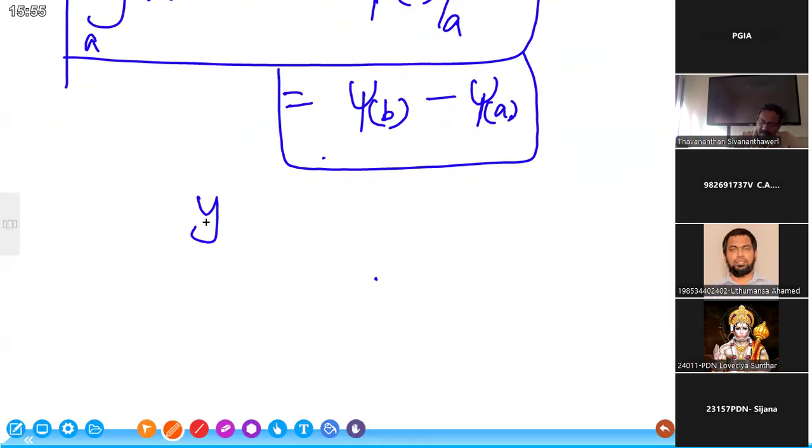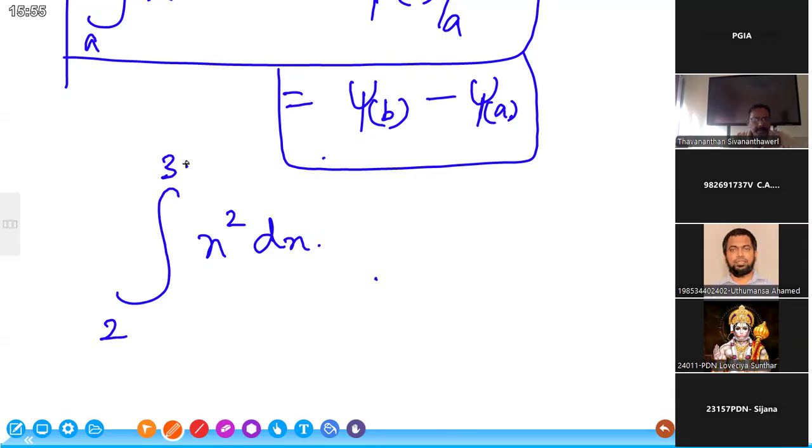Right. Now I will take an example. Let's say I have a function and I want to integrate that function. That function is x squared dx. The lower value is 2. The upper value is 3. You first integrate this function, x to the power 3 by 3.